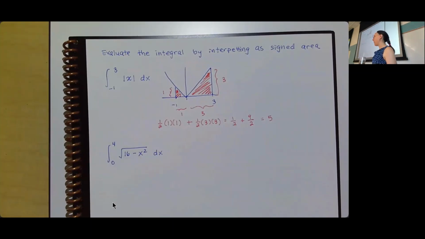If you have taken calculus in a previous life and done some of these antiderivatives or integrals, this is probably still not something that you're going to do without a picture.